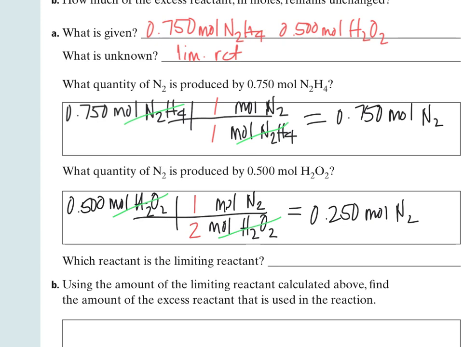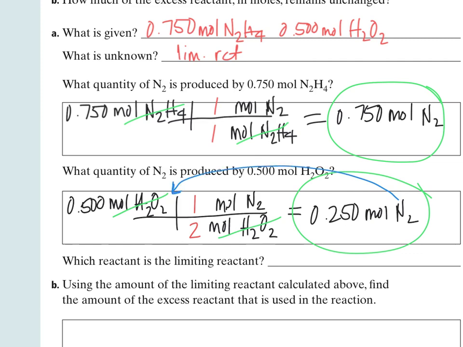So what is smaller? This number or this number? What's smaller? The bottom one. So which reactant produced the least amount? That one right there, right?